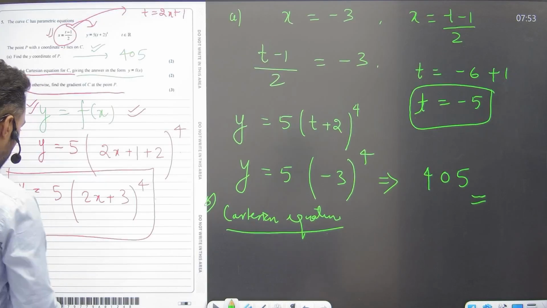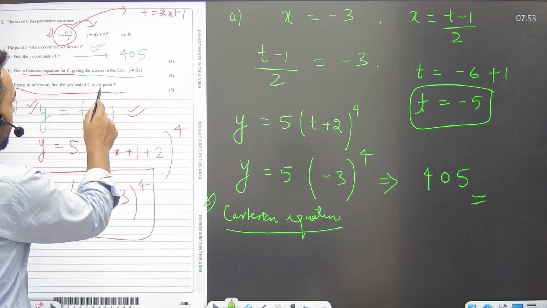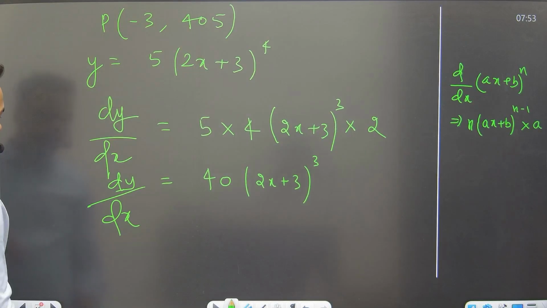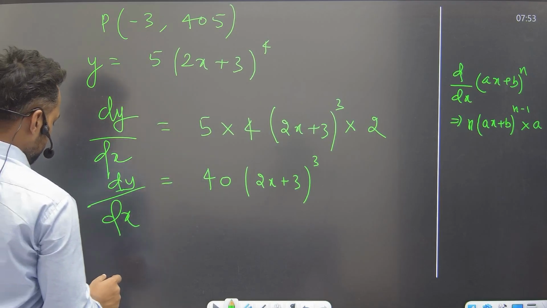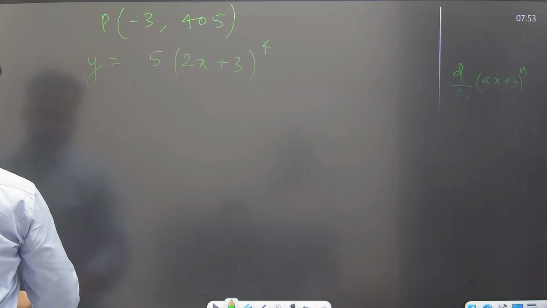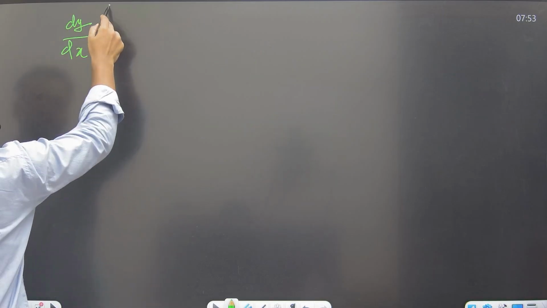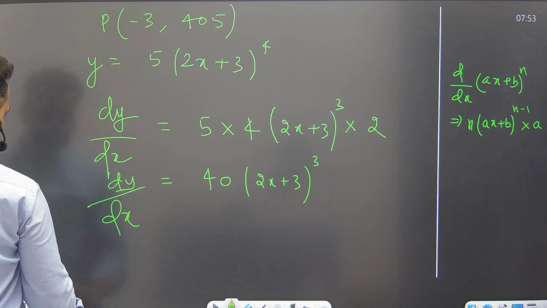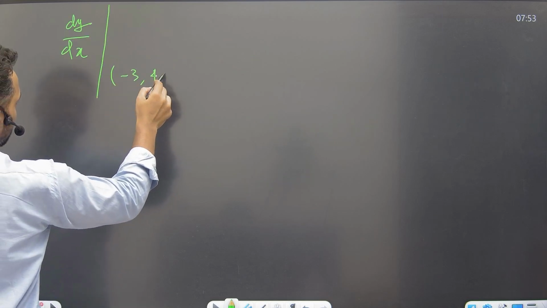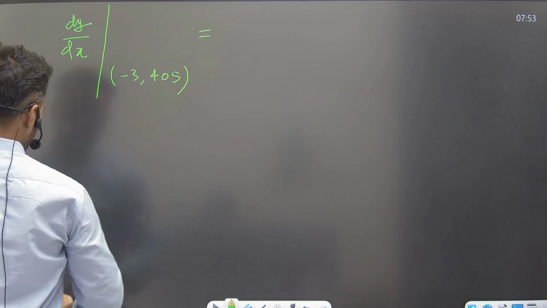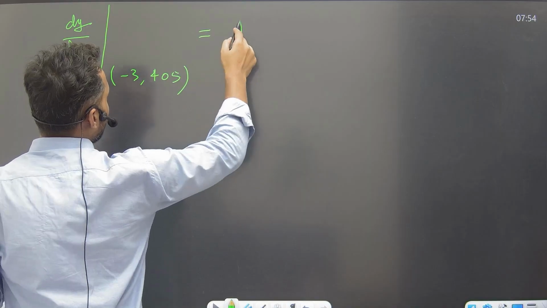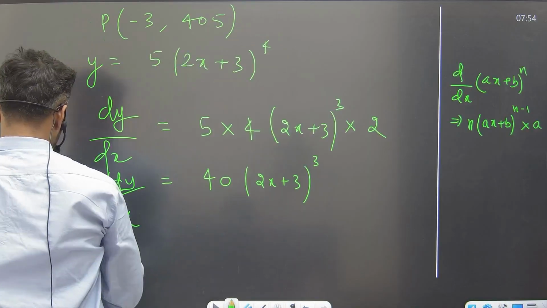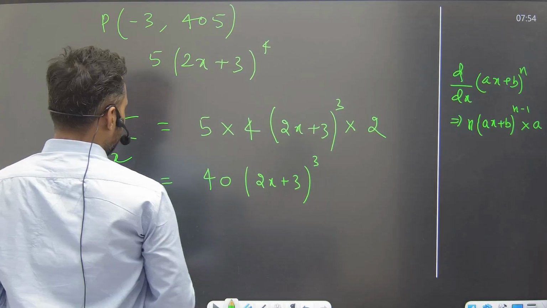Now they have told you to find this particular gradient at the point P. So at the point P, P was (-3, 405). So dy by dx at the point (-3, 405) will be equal to 40 cross of (2x + 3).